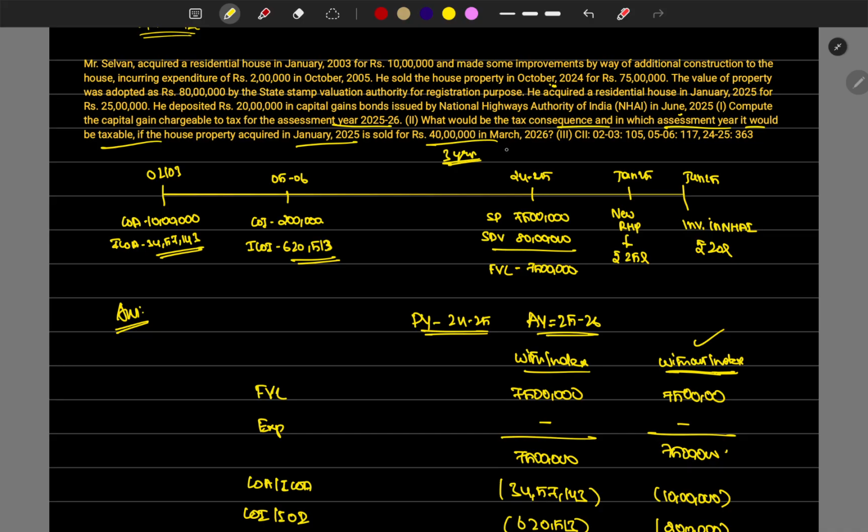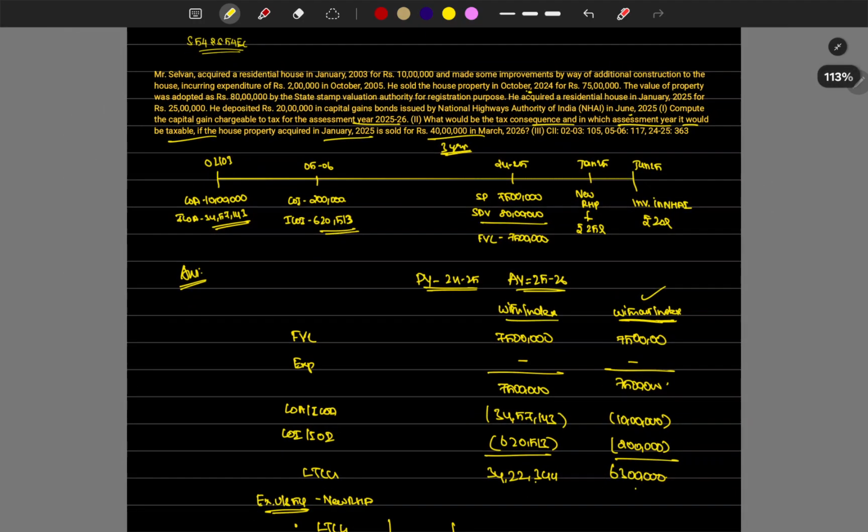So if he transferred it, for example, if he sold the asset for 40 lakhs, then 40 lakhs minus any expenses he incurred, so net value of consideration would be 40 lakhs. Minus cost of acquisition. What's the cost of acquisition? He acquired it for 25 lakhs.